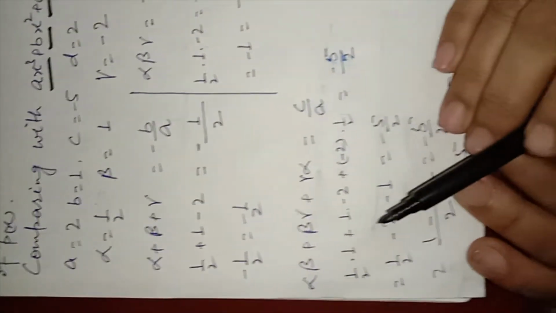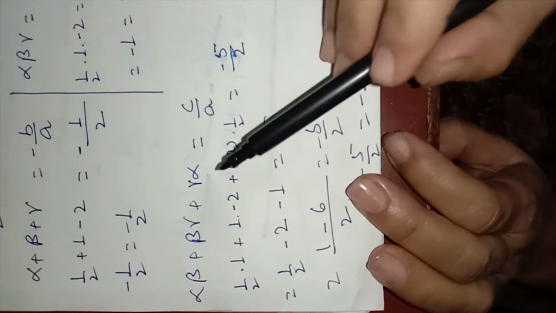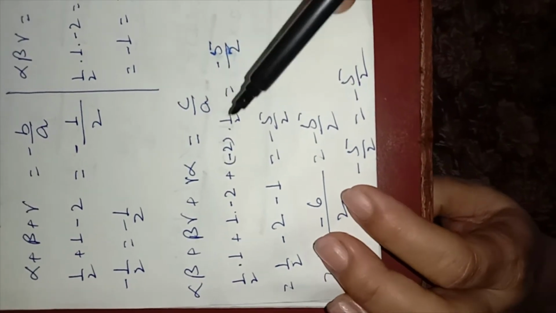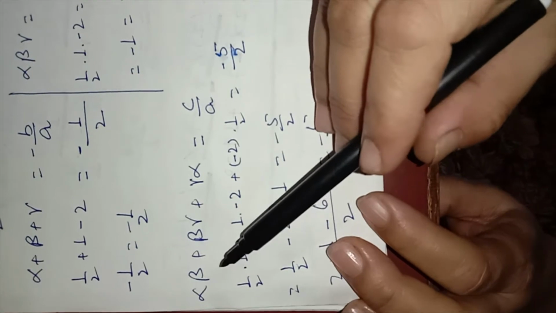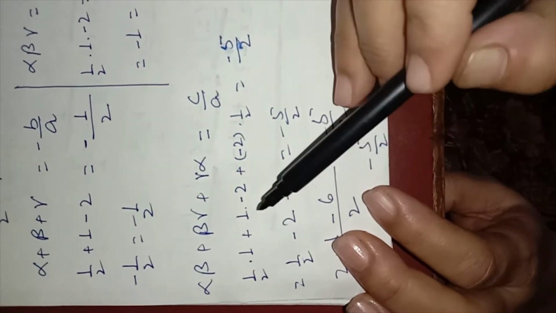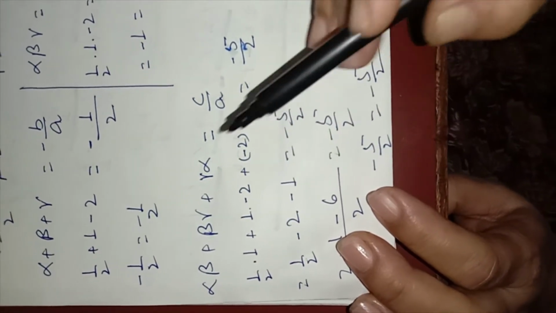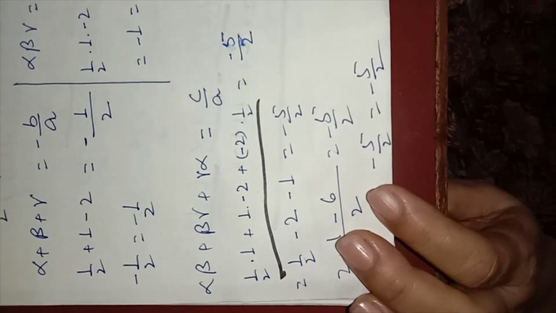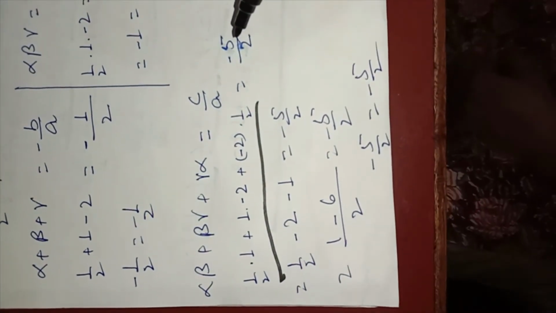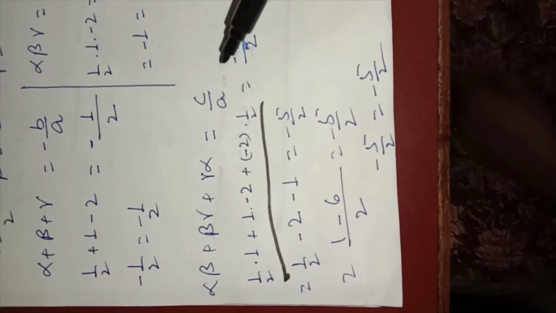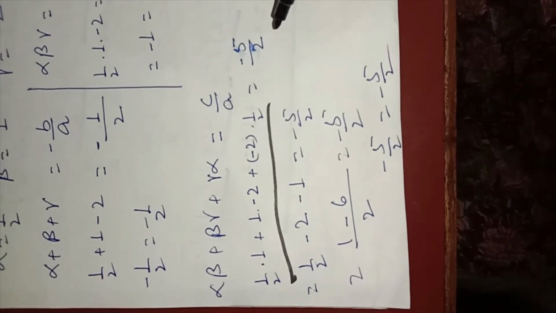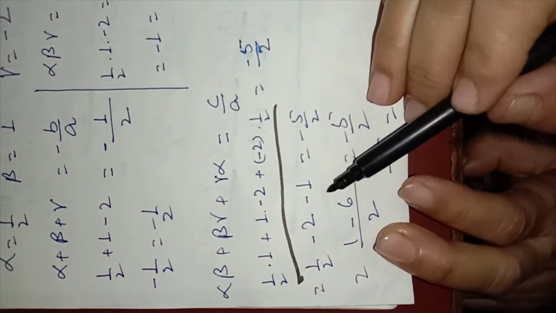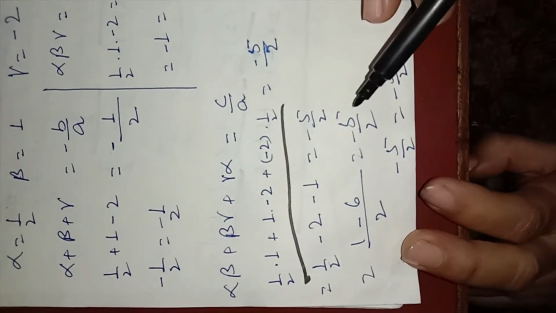Next, alpha beta plus beta gamma plus gamma alpha equals c upon a. We multiply two of the factors at a time: 1 by 2 into 1, plus 1 into minus 2, plus minus 2 into 1 by 2. On the right side, the value of c is minus 5 and a is 2. Solving, 1 by 2 minus 2 minus 1 equals minus 5 by 2.